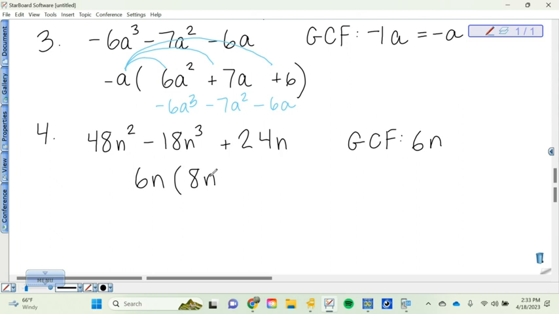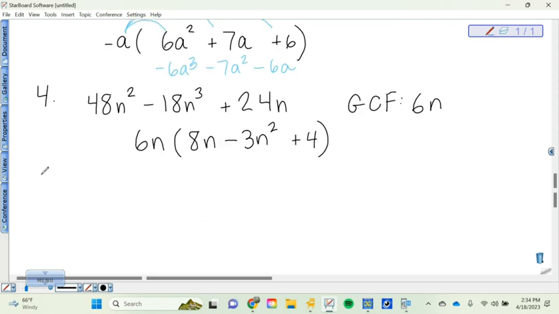Negative 18, minus 3n squared. And then 6n times what gives you 24n? Positive 4. Cool? Does that make sense, you guys?